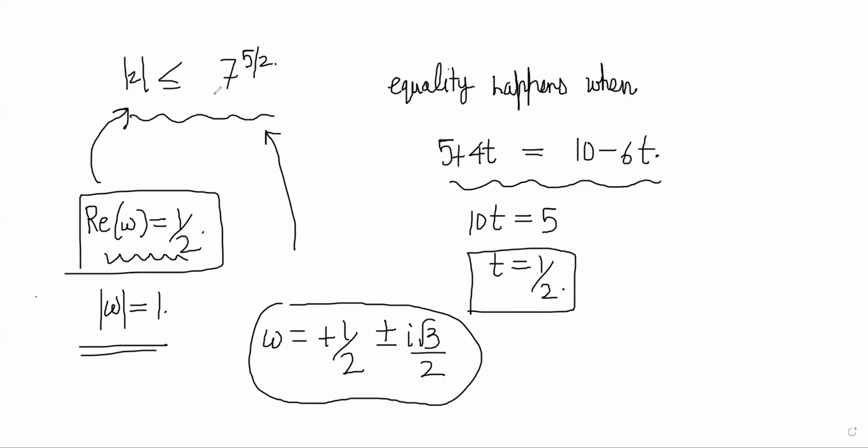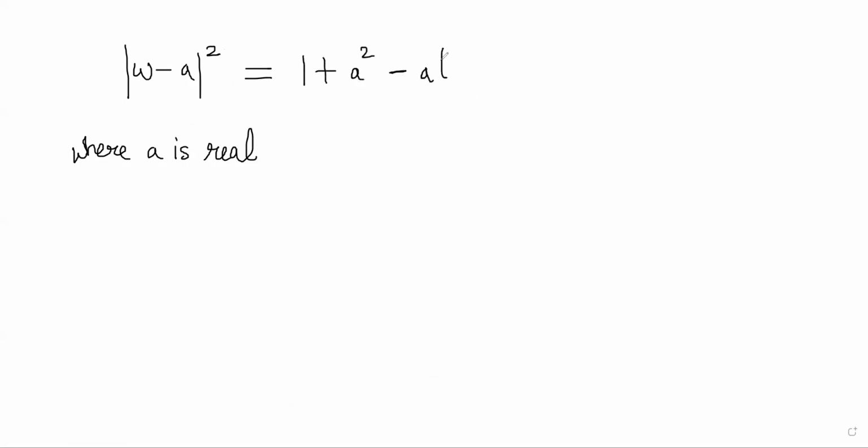So this is a sort of tricky solution where we took advantage of, first of all, this identity that mod of w minus a whole square, where a is real, is actually coming out to be 1 plus a square minus 2at.